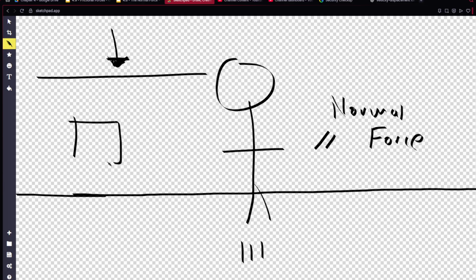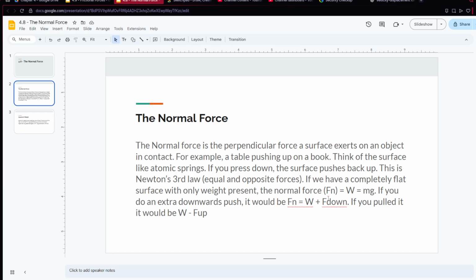So if I'm pushing an object like this, technically that isn't a normal force. It's denoted as Fn. But if I push down, the force is going downwards while the surface is this way, and that is what a normal force is.